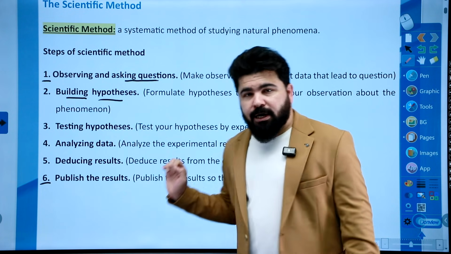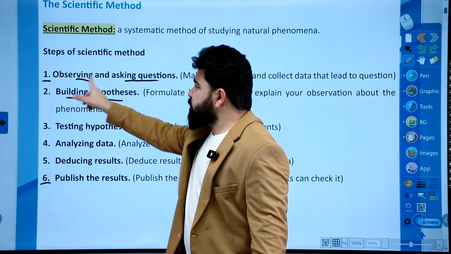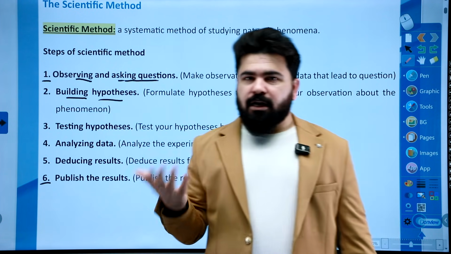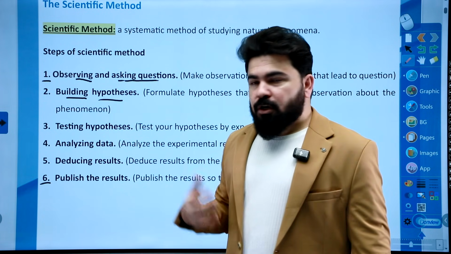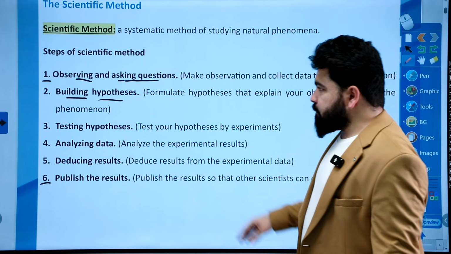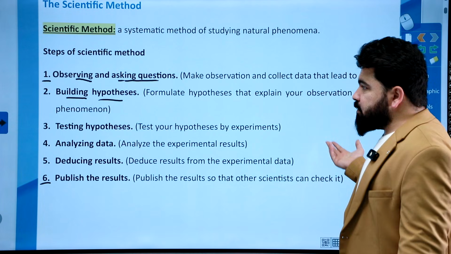Let's say you are trying to buy a new car, so you first observe and ask questions. You ask your brother, you ask your father because they own a car. You're going to ask him what car is good, or what car might work for me. So you observe and you ask questions. Then you build hypothesis. You're going to say that probably Nissan is a good car.